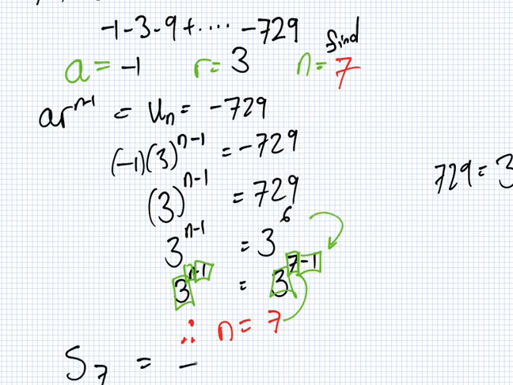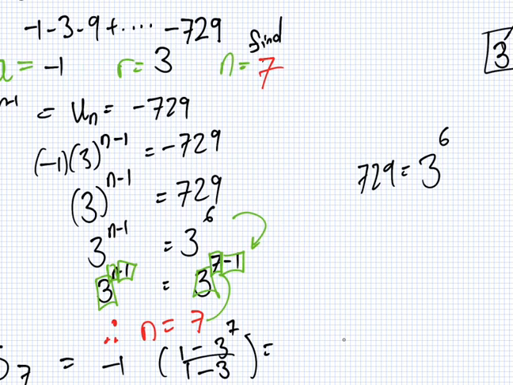S7 equals A(1 minus OR power n) over 1 minus 3. I think I now need a calculator maybe. Hang on. 729, 729, 729. This is 2187.